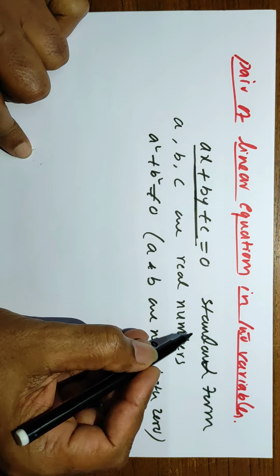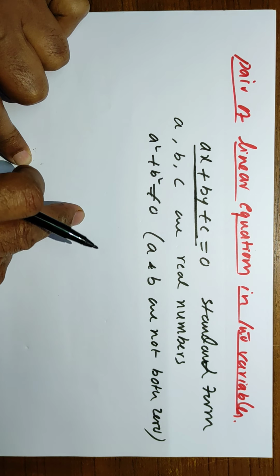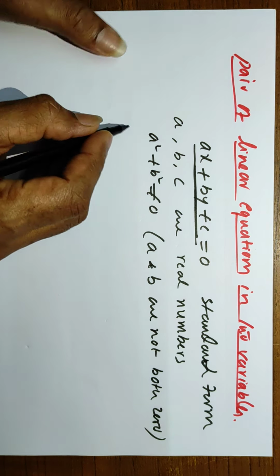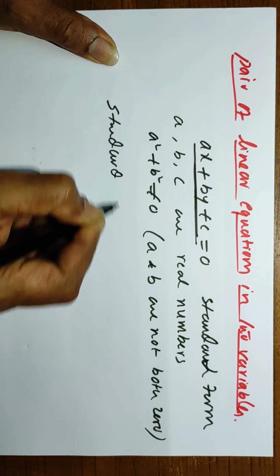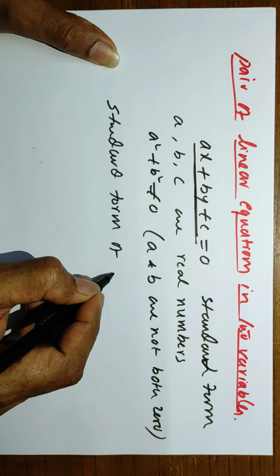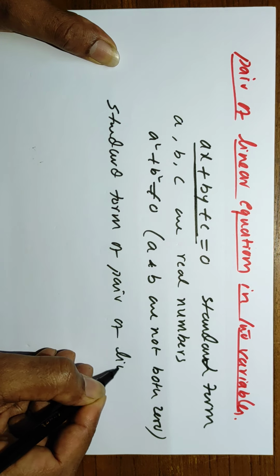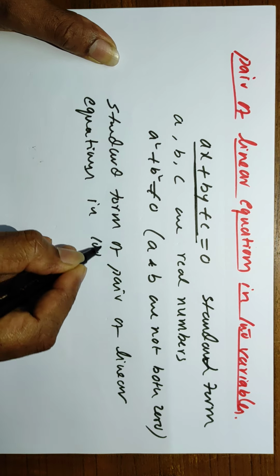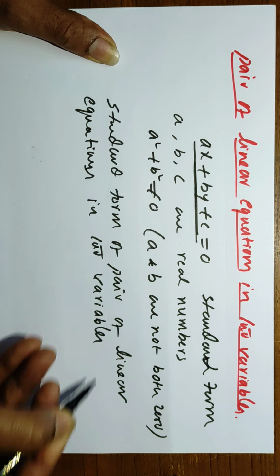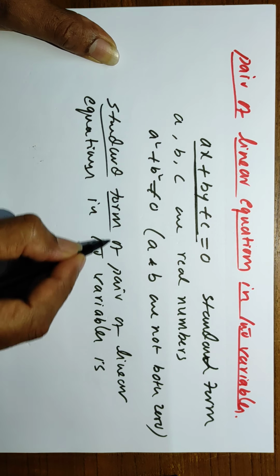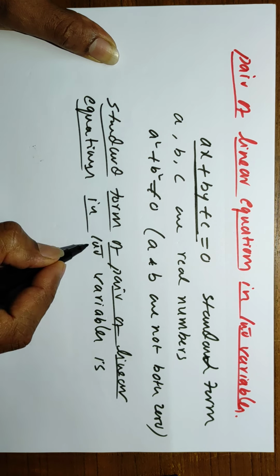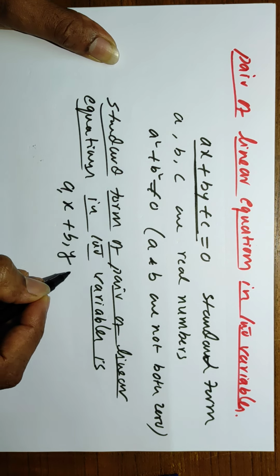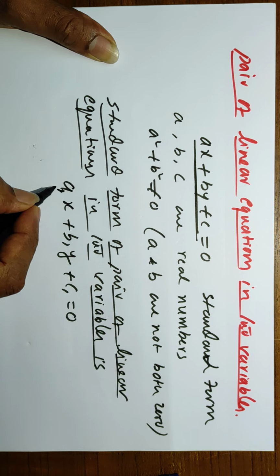The standard form of pair of linear equations in two variables x and y is of the form, once again, let me write: a1x plus b1y plus c1 is equal to 0.